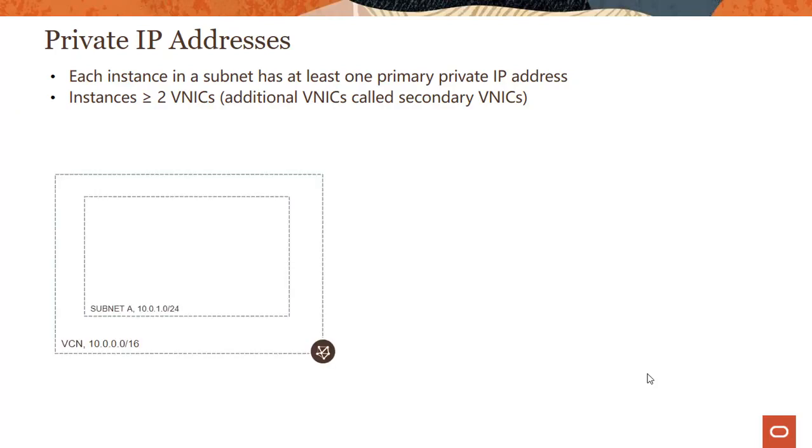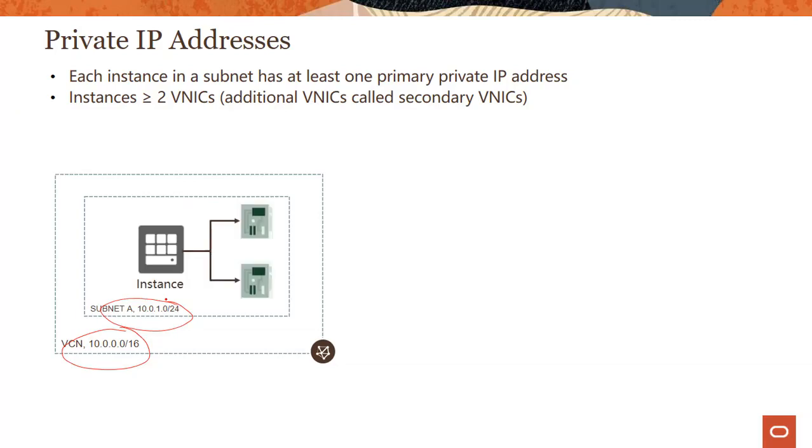So how does this work? Remember we talked about this earlier. You create a virtual cloud network, CIDR notation, and then you divide this network into smaller networks, subnets. Why? Because you place your instances within the subnets, and the instances draw their IP addressing and network configuration from the subnets in which they are placed.